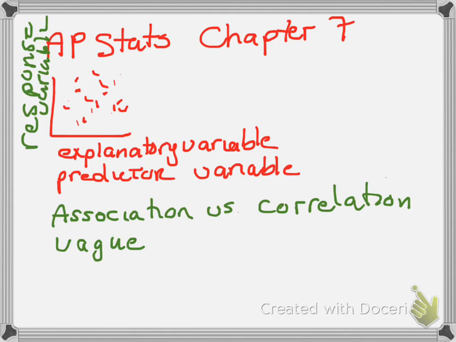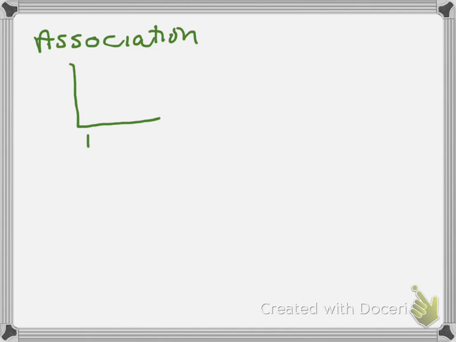You're talking in general terms, and correlation is precise. With correlation, we're going to give you a number, all right? We're going to ask for a number. So if I was to ask you about the association between two things, let's say I wanted to know your height and your weight.